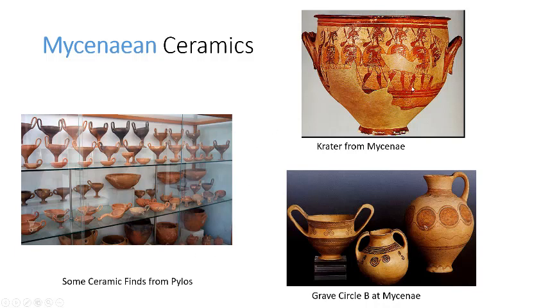We get something that tends to be more geometric, as is illustrated in the bottom here. And their culture in general showed a turn towards things more militaristic. On the left here are some plain wares, right, non-decorated vessels that would have been used for serving and drinking and so forth from the site of Pylos.